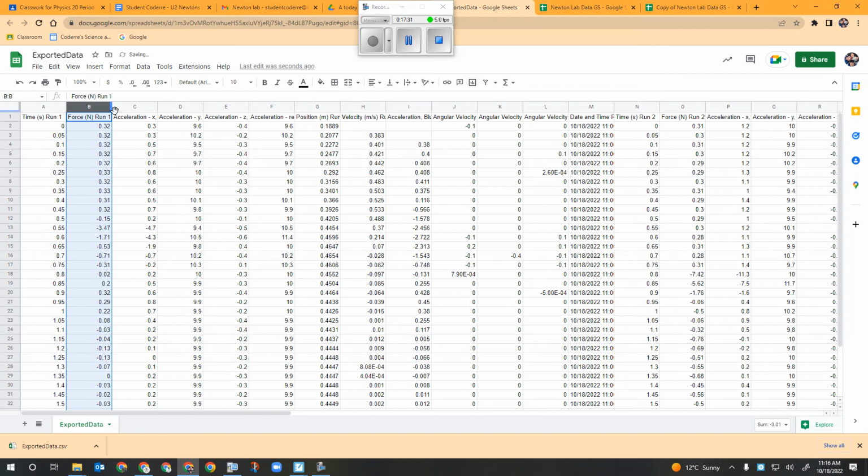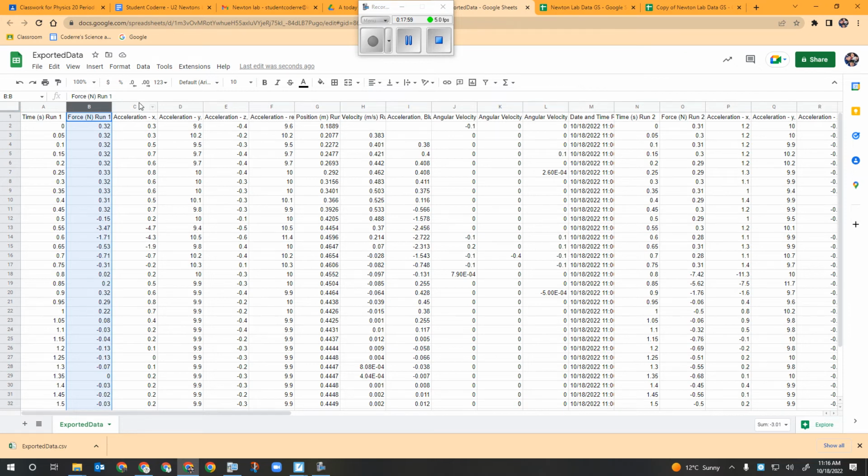All right, so what you want to do, guys, is delete everything except time for run 1, velocity for run 1, velocity for run 2, velocity for run 3, velocity for run 4. Delete everything else. Those are the only 5 columns that need to remain. Time run 1 and the velocities for each of your 4 runs. That's all that needs to stay. I can't do that on the touch screen because it's just too long.